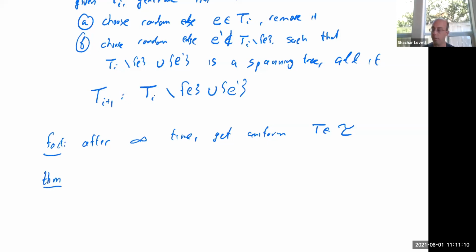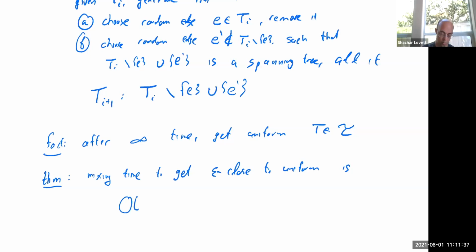The theorem we saw was that the mixing time, which is the number of steps to get epsilon close to uniform, is something like order n squared log 1 over epsilon. Maybe there are some log factors here, but it is polynomial time.